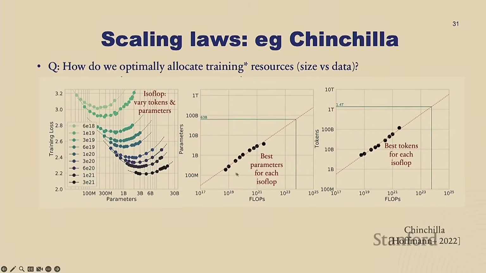So now I have something which tells me if I want to train a model of 10 to the power 23 flops, here's exactly the number of parameters that I should be using, 100B. And you can do the same thing with flops and tokens. So now you can predict, if I tell you exactly I have 1 month of compute, what size of model should I be training? Fit your scaling law, and I tell you.